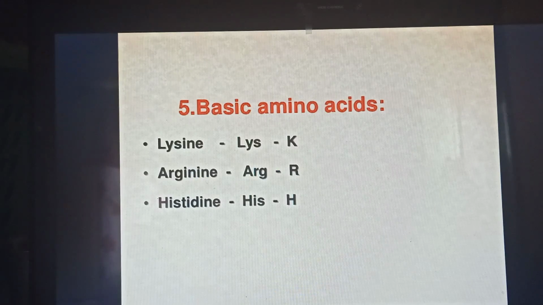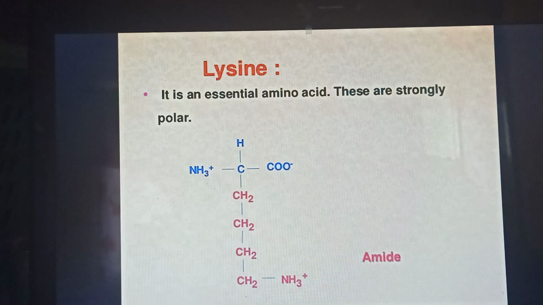Now, basic amino acids. So, we have studied aliphatic, then hydroxyl, then sulfur containing, then acidic. Now we are going to study basic amino acids: lysine, arginine, histidine. In lysine you get an amine chain, so you get two amino groups here, and it is basic in nature.